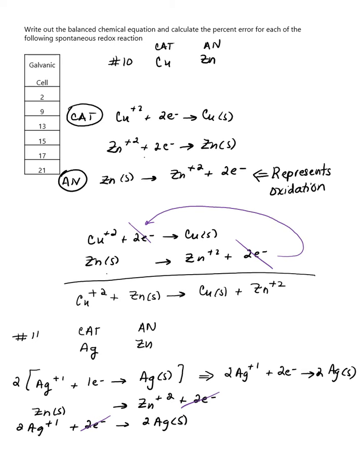So you can multiply just one of them. Sometimes you have to multiply both of them. For example, when you have 2 electrons in one half reaction and 3 electrons in the other half reaction, your overall number of electrons in that case has to be 6, so they can be canceled out. Okay?